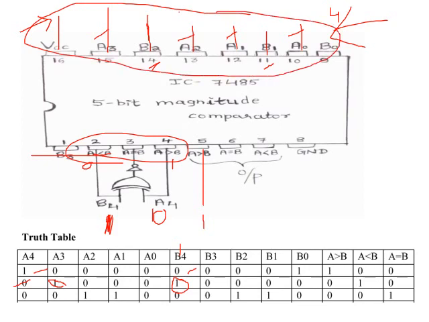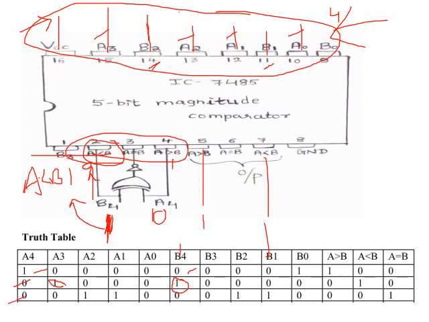So A4 is 0 and B4 is 1. This one is going to A less than B. When it is going to A less than B, that indicates A less than B is high, which means A is less than B. So directly you will get the output A less than B here, correct? And the others will be 0.